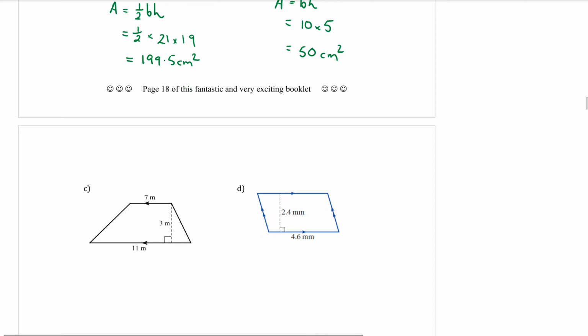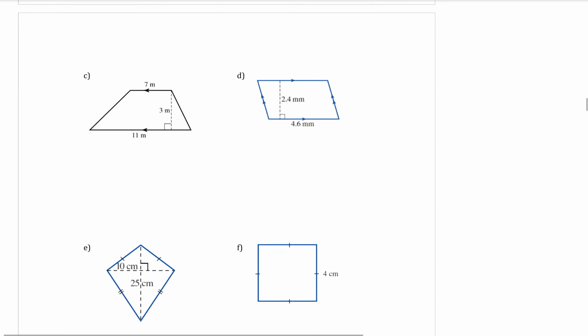Alright, C. This is a trapezium because we have these parallel sides here. Just one pair of parallel sides. So trapezium formula, it's a little bit of a complicated one. It's H over 2 bracket A plus B. The H is the perpendicular height between the two parallel ones. That's this 3. So it's 3 over 2, open bracket.